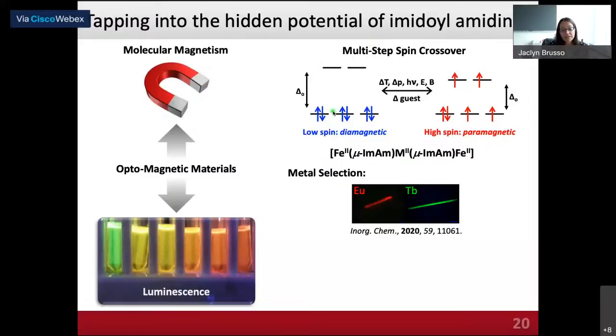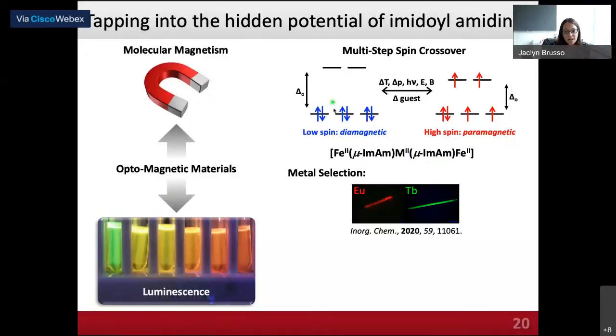So I guess some of these molecular materials, based on theoretical calculations, suggest that we should be able to tap into multi-step spin crossover with our imidoyl amidine ligand framework. And this is just one example that was used for the theoretical calculations with a variety of metal 2+ salts at the core.